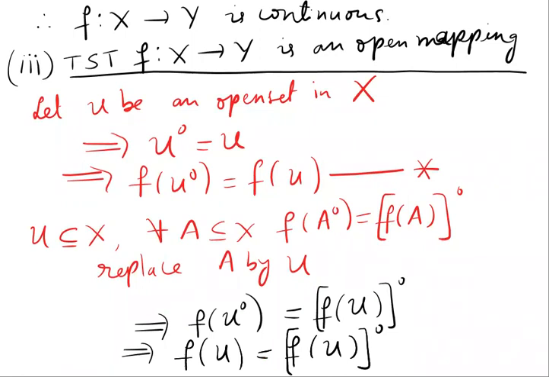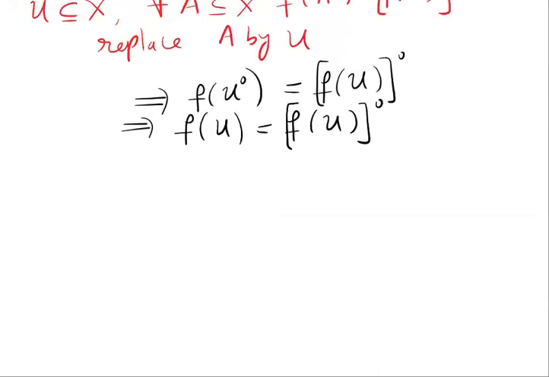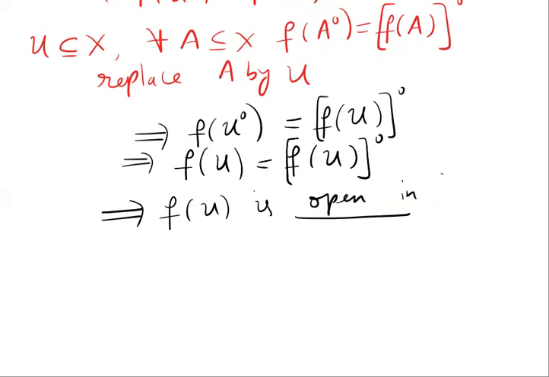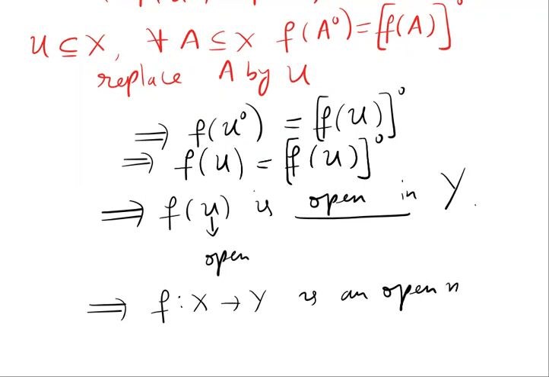What is the next step now? The last step. So this implies, whenever a set is equal to its interior, that set, F of U, is an open set. So where is it open now? In Y. Right? So U is open set in X, so F takes open sets to open sets. Therefore, F is an open mapping.